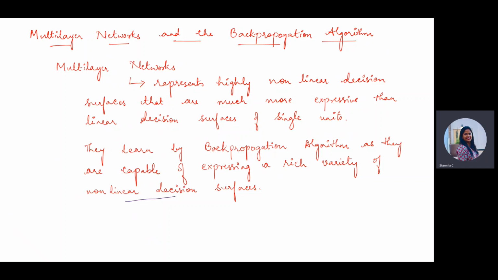Whatever single perceptron we talked about is used to perform well on linearly separable data. Here we are dealing with non-linear functions or non-linear data. So it is expressing a rich variety of non-linear decision surfaces.